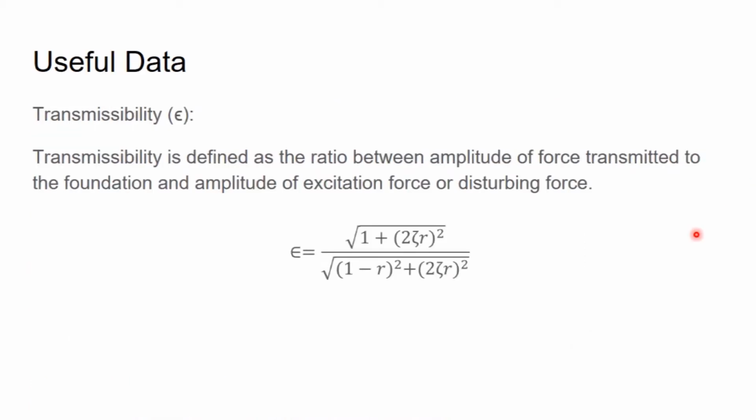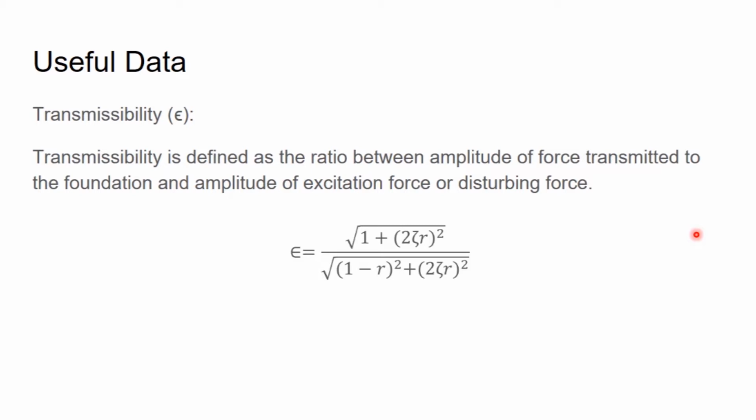To solve this question, you should know what transmissibility is. Transmissibility is defined as the ratio between the amplitude of force transmitted to the foundation and the amplitude of the excitation or disturbing force. So epsilon is equal to Ft by F naught, where Ft is the transmitted force and F naught is the excitation or disturbing force.